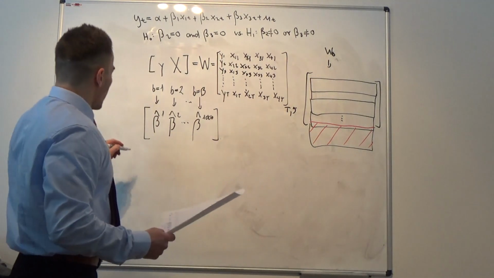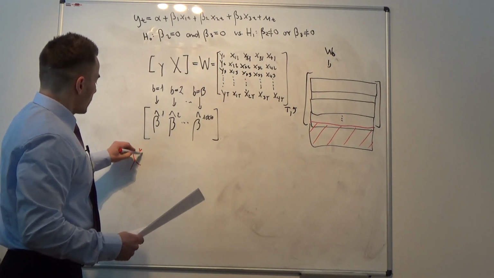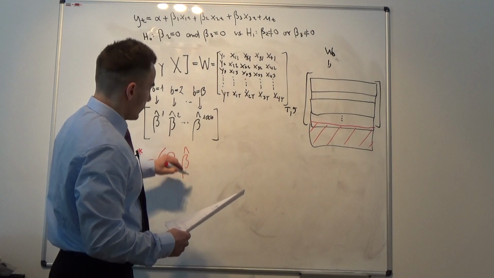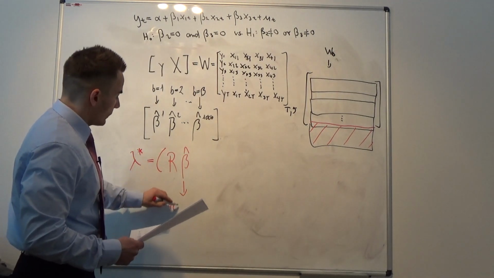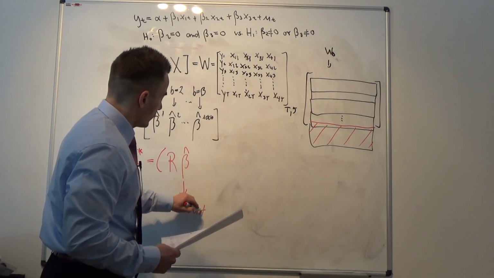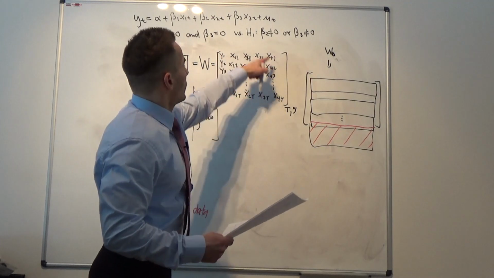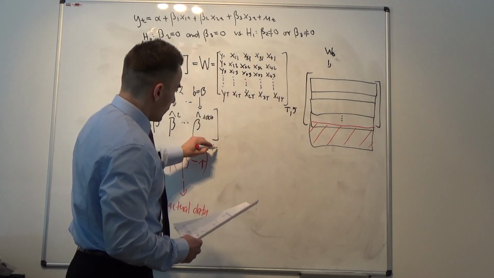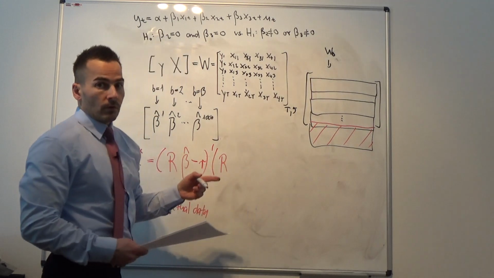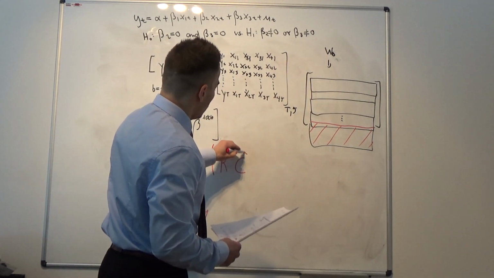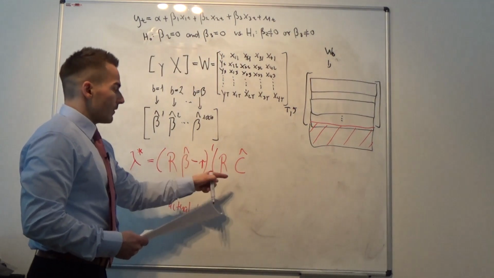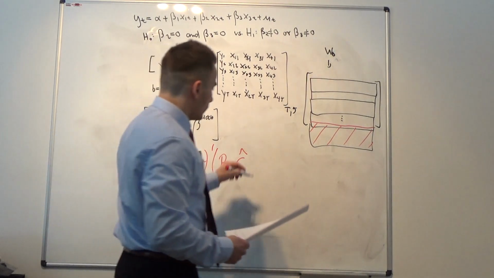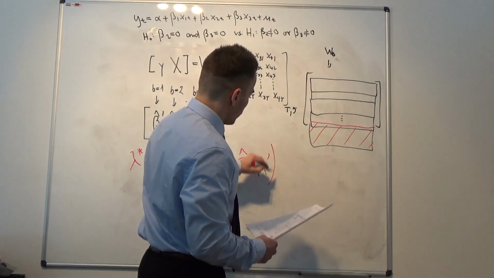We know that our test statistic, let's call it lambda star, is given by capital R times beta hat, which is based upon the actual data, minus small r, that whole term transposed, times what? Times capital R, we have done this many times in this course, times C hat. C hat is the covariance matrix that we have bootstrapped, times capital R transposed, inverted.